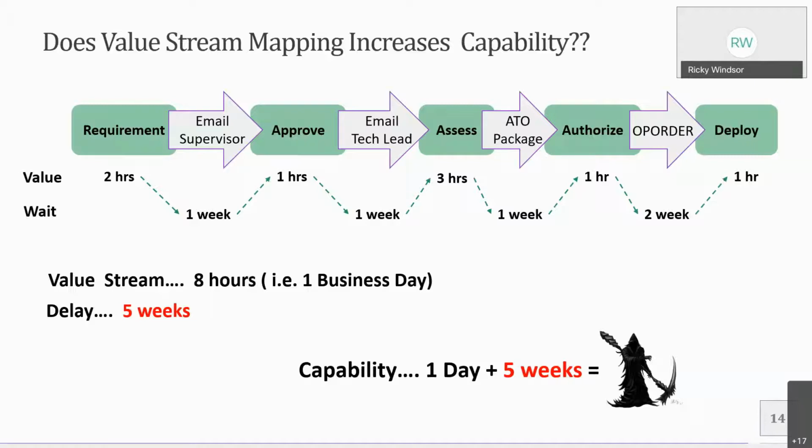To be able to send the ATO package to the authorizer. Even if that cut each one of those 1 week periods that I put in there down to 2 days, that took almost 3 weeks off the project or off of the product delivery, in this case, the capability overall.